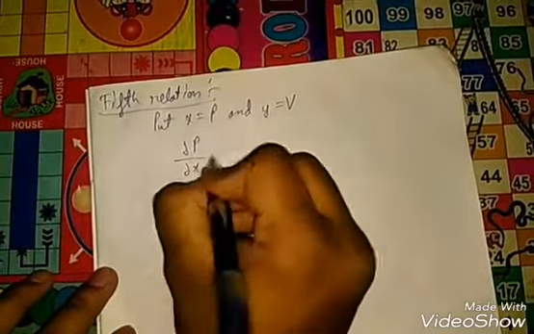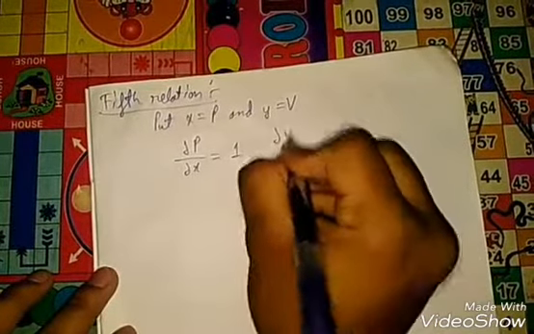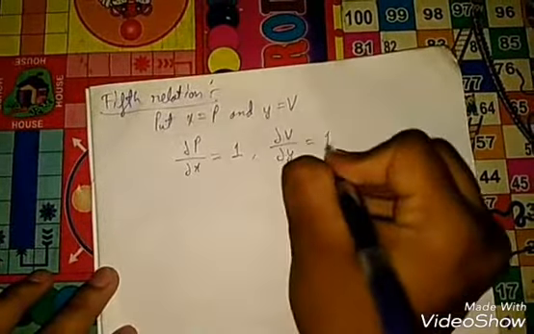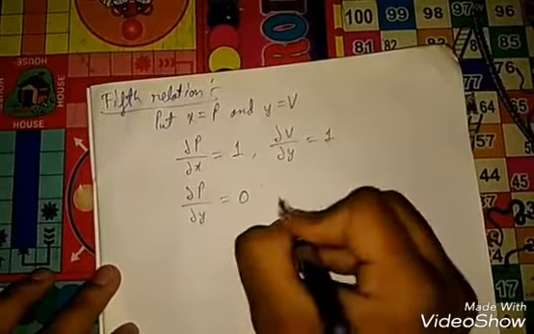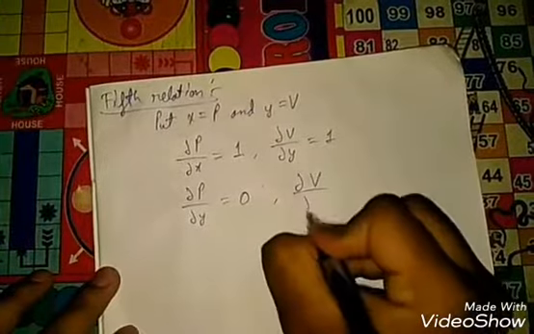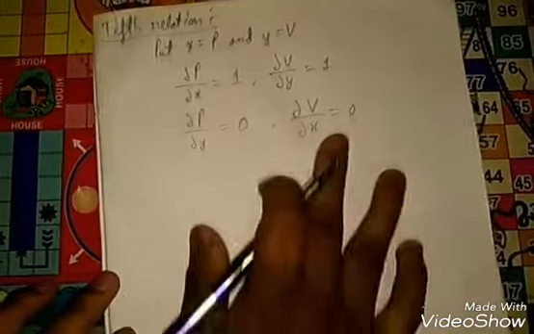Now the fifth relation. For the fifth relation we put x is equal to p and y is equal to v. So we get del p by del x is equal to 1, del v by del y is equal to 1, del p by del y is equal to 0, and del v by del x is equal to 0.